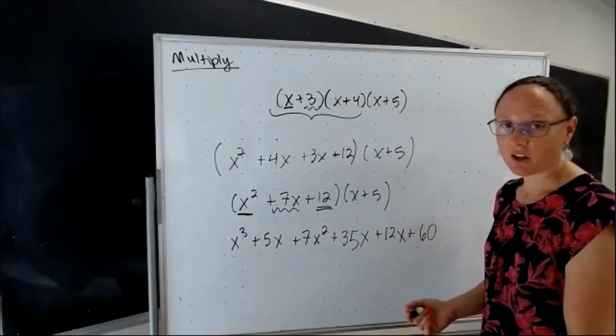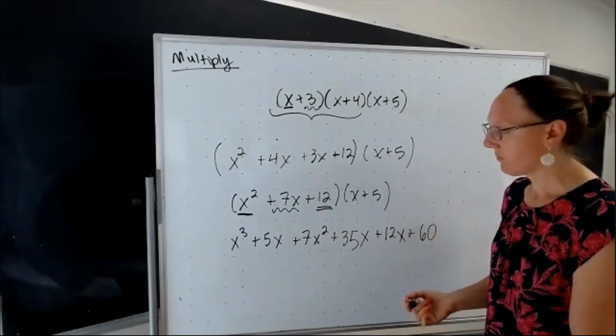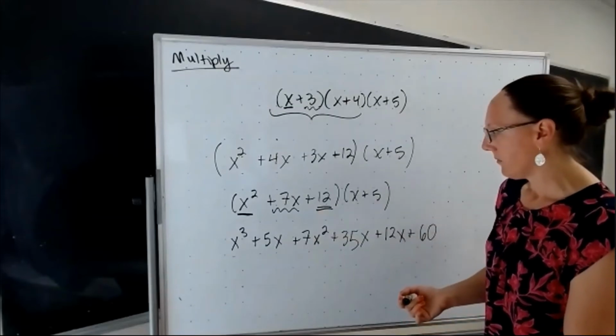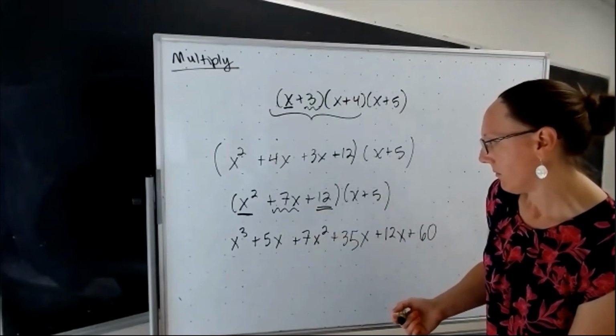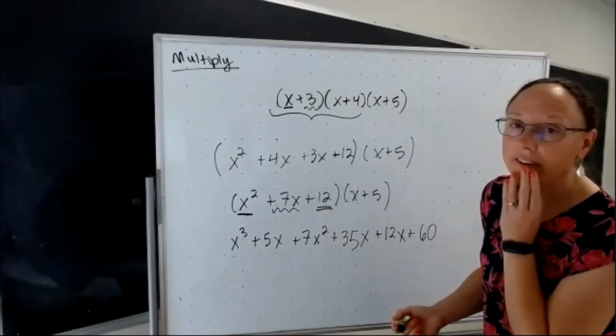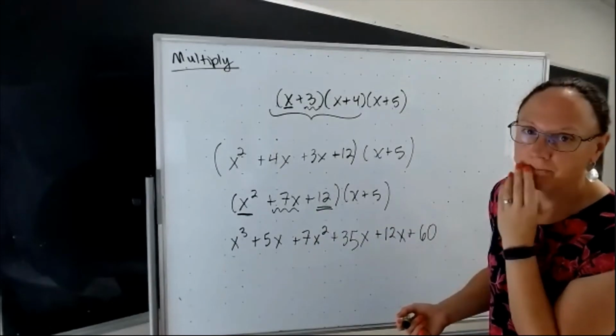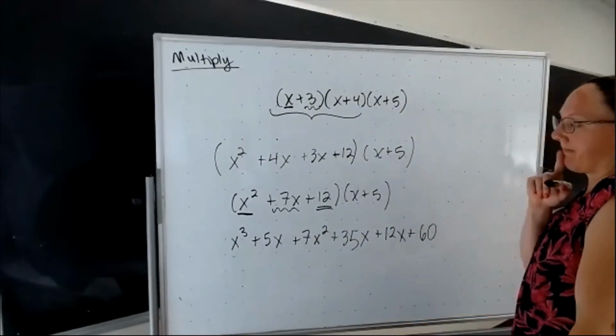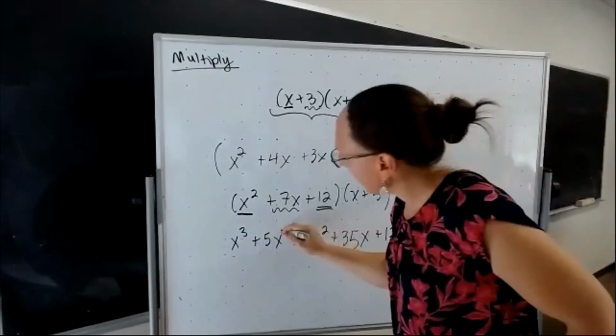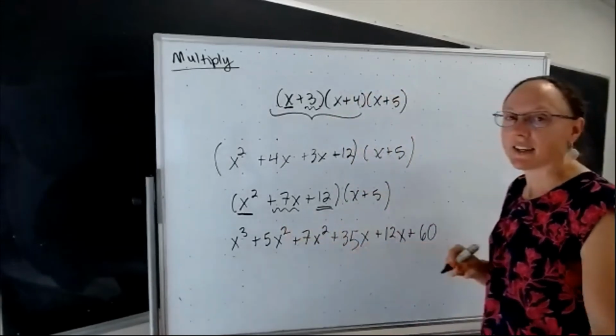If we combine like terms, I think I've made another mistake. Is 5x supposed to be squared? Yes, it is.